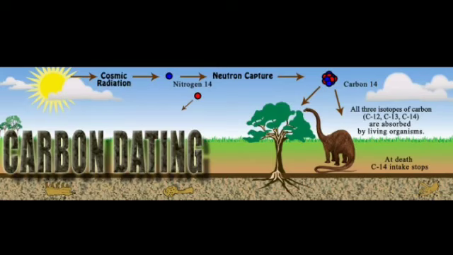Carbon dating. The important use of beta decay is radioactive dating or carbon dating. Using this technique, the age of an ancient object can be calculated. All living organisms absorb carbon dioxide from air to synthesize organic molecules.